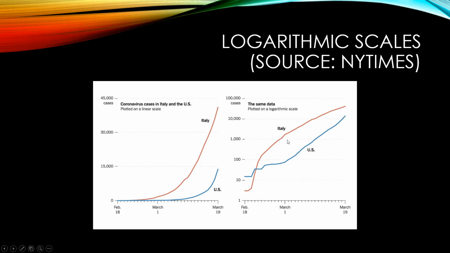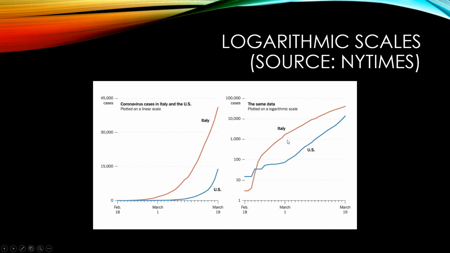Now, the power of using a logarithmic scale is it makes it easier for people to understand what's happening, but only if they understand the fact that they're looking at a logarithmic scale. So you'll see here that Italy's rate of growth is starting to deteriorate from an exponential standpoint.